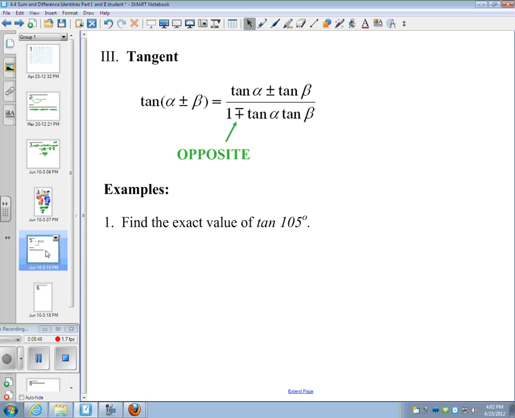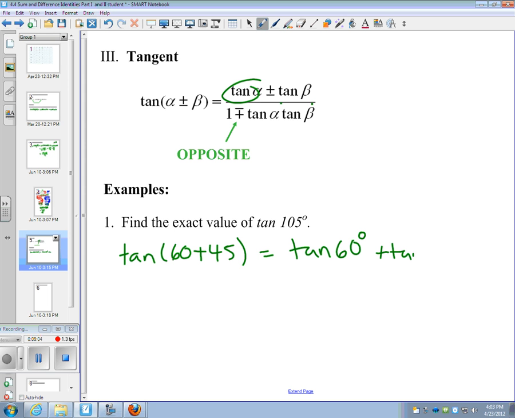So I'm going to rewrite this as the tan of 60 plus 45. So that's equal to, using this identity, tan of 60 plus tan of 45 over 1, opposite sign than right here, so minus tan of 60 times tan of 45.